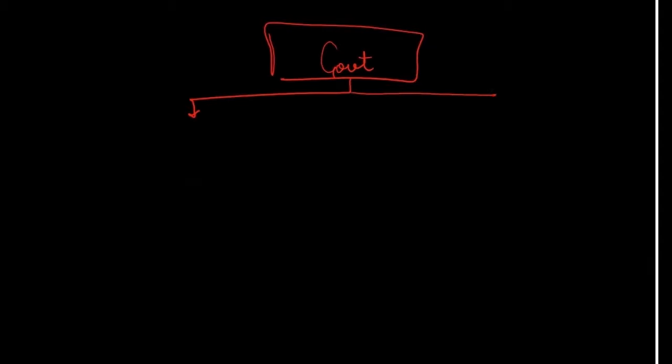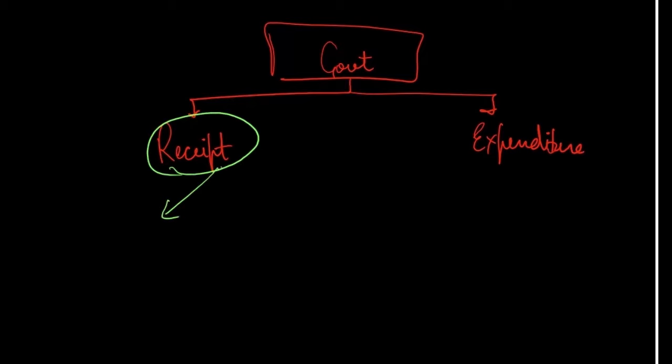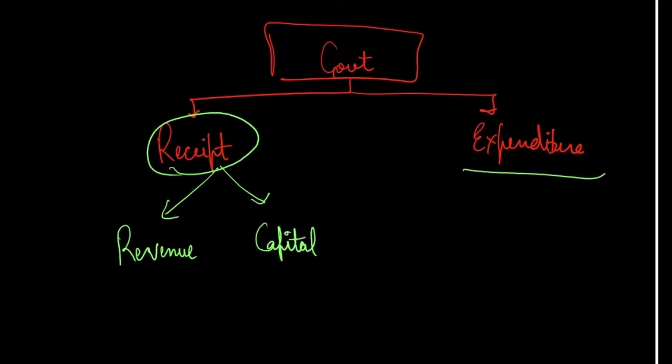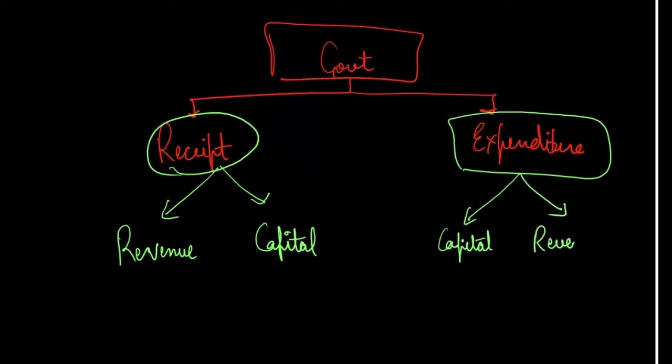Similarly, the government prepares its receipts and expenditure in advance to make plans. These receipts are divided further into revenue receipts and capital receipts. Expenditure is also divided into capital expenditure and revenue expenditure.